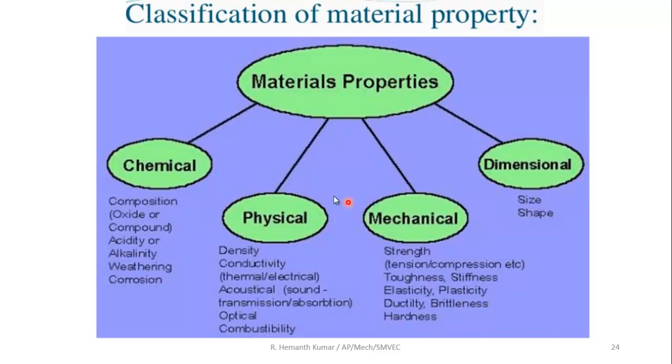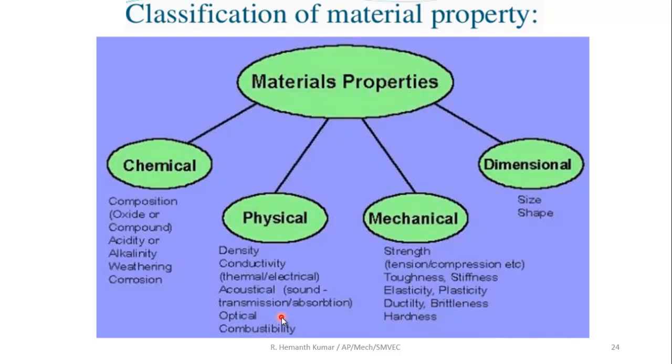Then physical property, that is nothing but conductivity, sensitivity, those properties like thermal conductivity, electrical conductivity, optical property and combustibility. These are all various properties that define the physical properties of any particular material. Similarly, mechanical properties. Mechanical properties we have to study thoroughly for our subject.